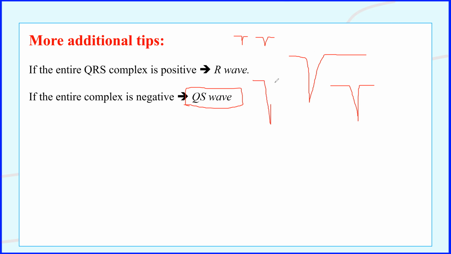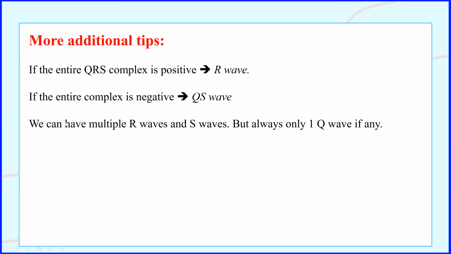But if it is long enough, that will be termed as a QS wave. Okay, but for major exams and for abstract writing, case reports and analytical studies, we use the QS term for a negative deflection.